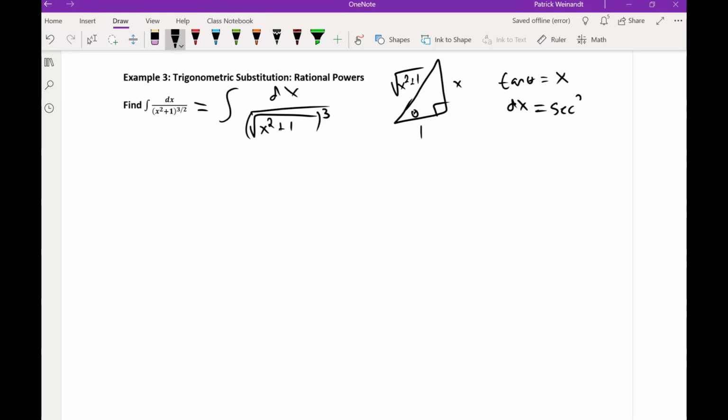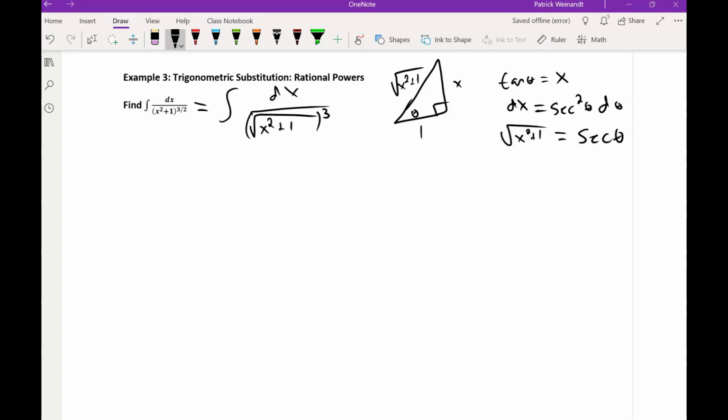So this becomes secant squared theta d theta. And if we plugged in just x for that and simplified, we could eventually come to the conclusion, or keep in mind, that this is just going to be a times secant theta for a quantity u squared plus a squared. So we have x squared plus 1. The square root of that is going to be equal to 1 times secant theta, or just secant theta.